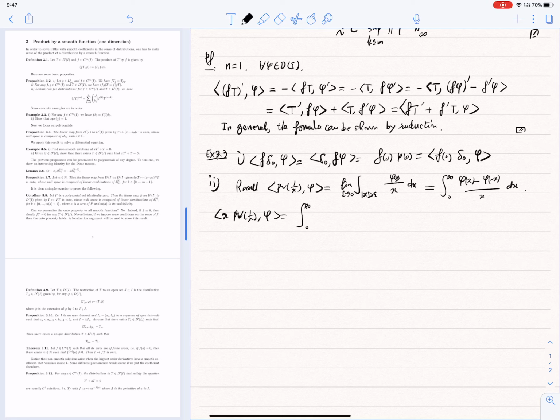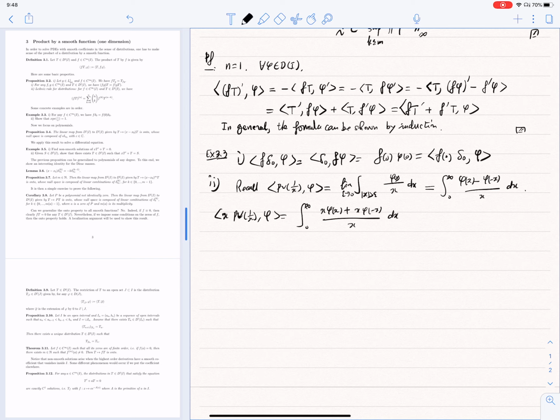So the value of the function at the point x will be x phi of x, because we have passed this x to the test function, and then plus x phi of negative x over x dx.